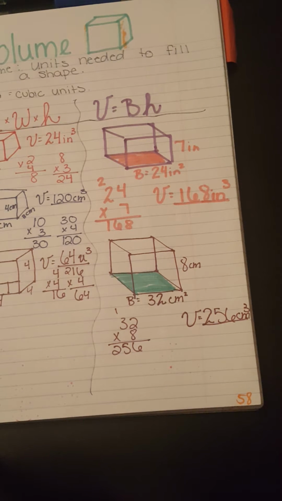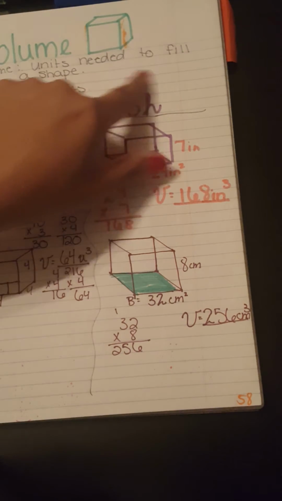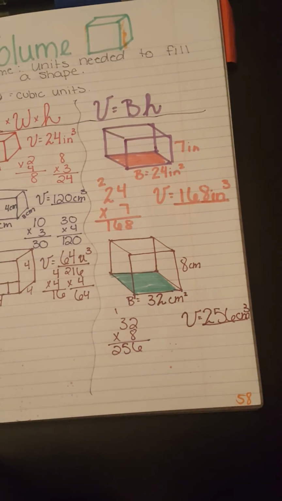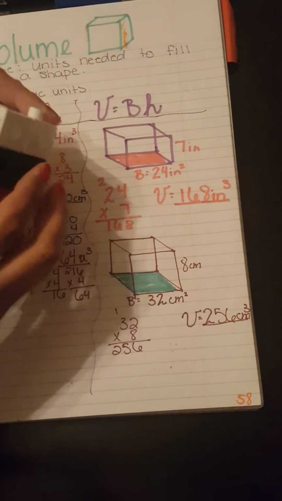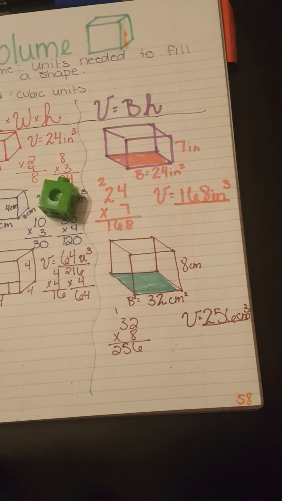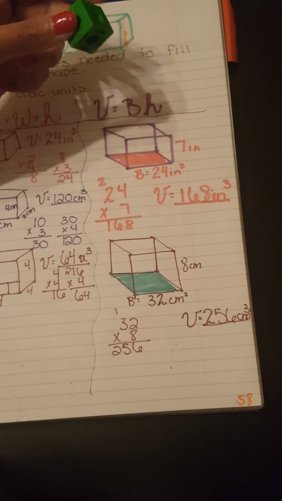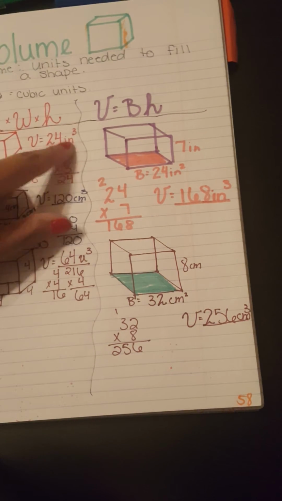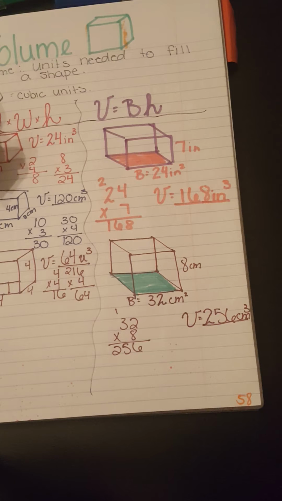Now, boys and girls, remember that volume are the units that are needed to fill the shape. To measure the units, we use these little cubes, which would be one of these. That would be a cubic unit. And we want to know how many of these fill up a shape. So for example, for this one, 24 of these would have filled up this box.